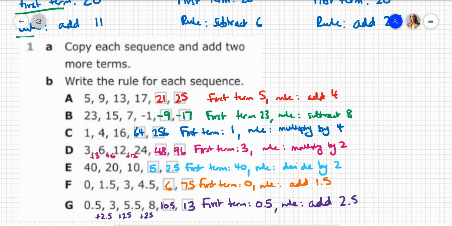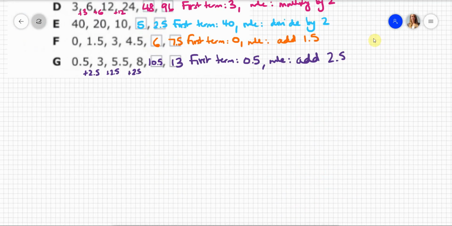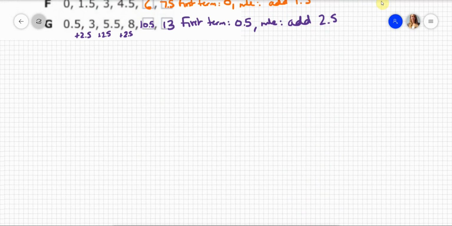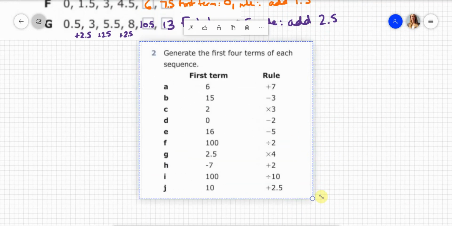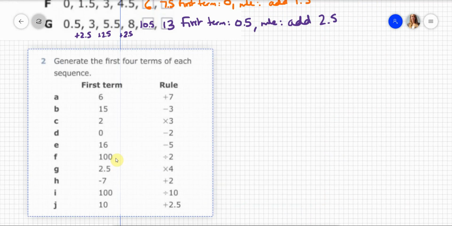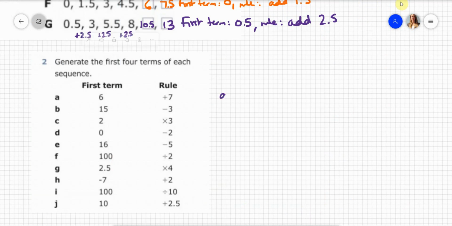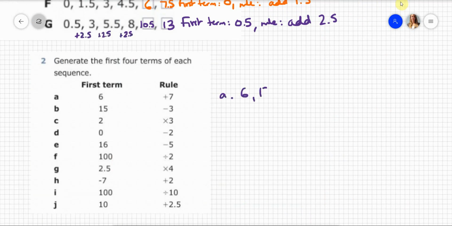And let's do question 2. If you didn't quite see the answers there, just go backwards and pause the video. So for question 2, generate the first 4 terms. So A is going to be 6, 13, 20, 27, because we're starting with 6 and we're adding 7 each time.